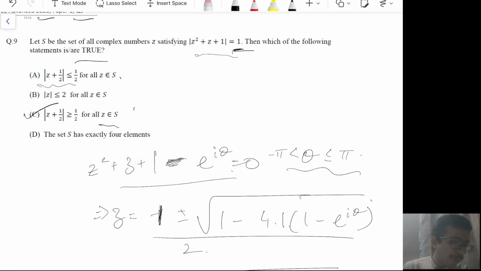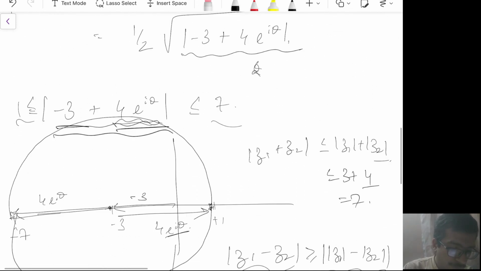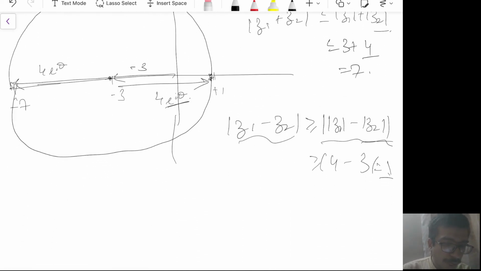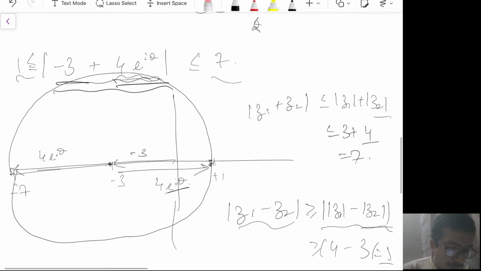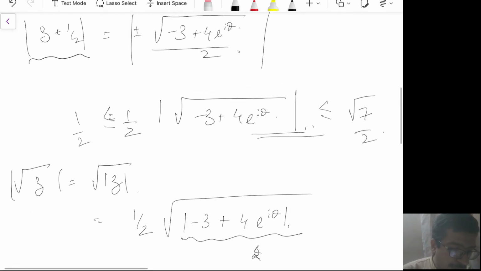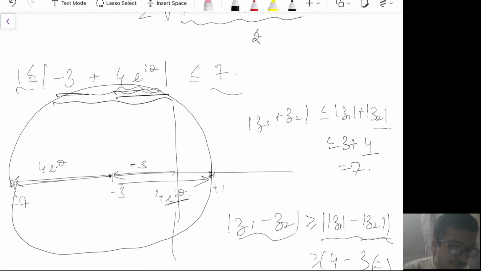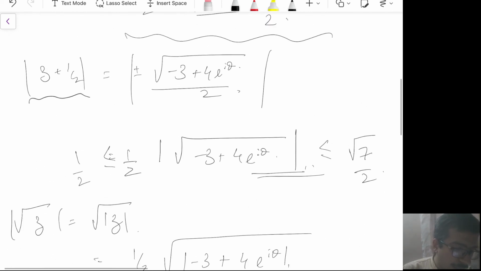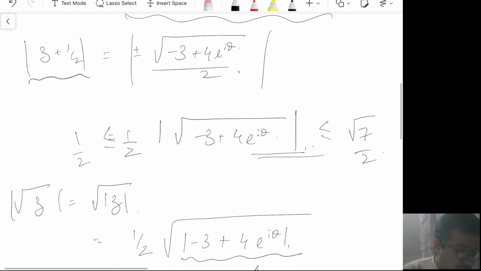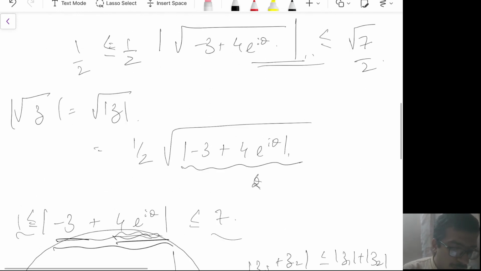And what can I say about mod z now? So I know that mod z plus half lies on this sort of circle, right? So where can z lie?